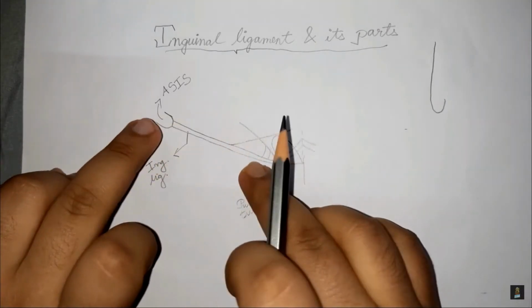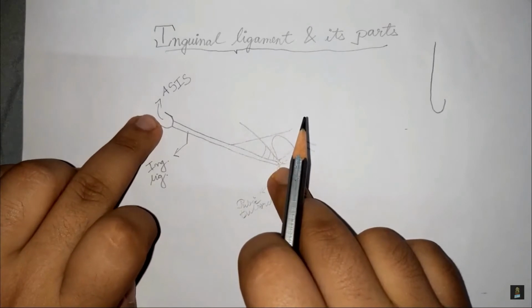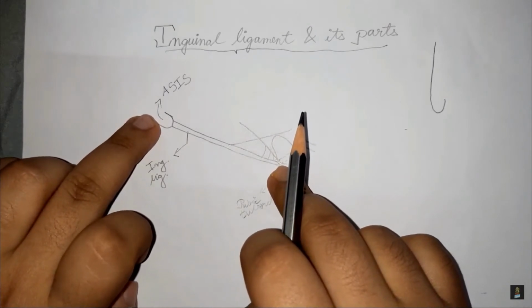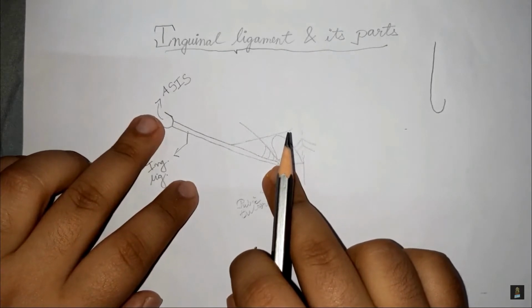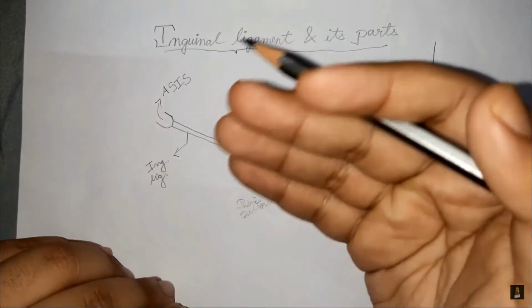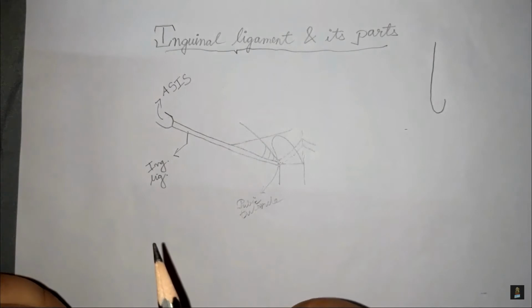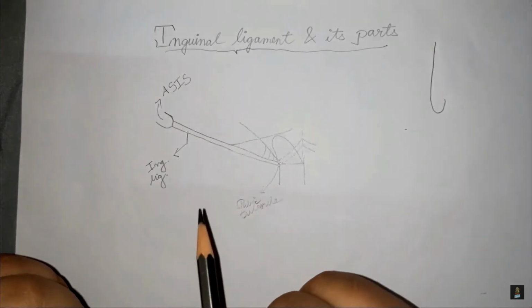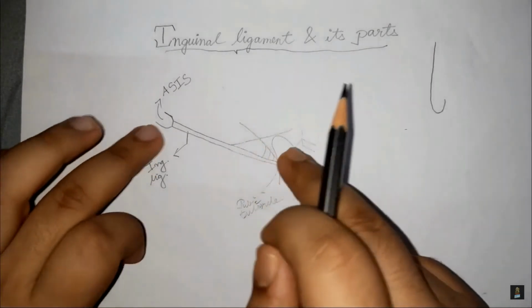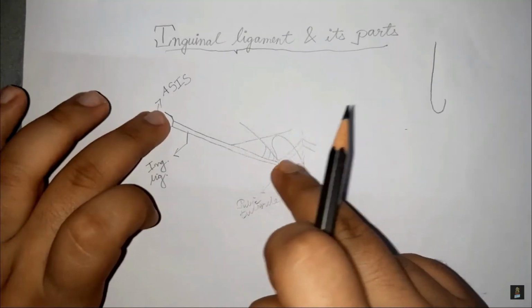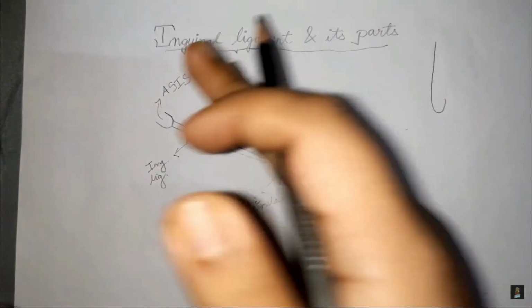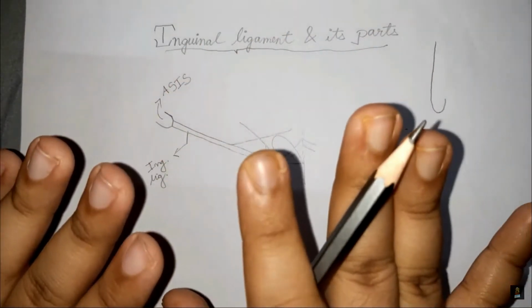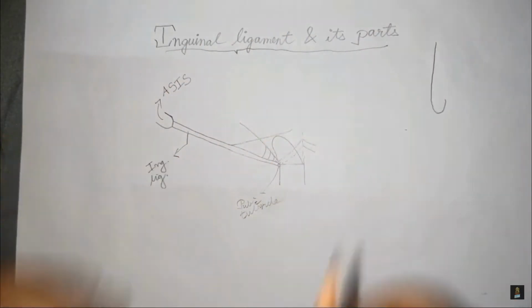Although it extends from the anterior superior iliac spine to the pubic tubercle, there are some other structures associated with it, which we might say are extensions of the inguinal ligament. A few fibers of the inguinal ligament give origin to some other structures. Let's talk about them one by one.